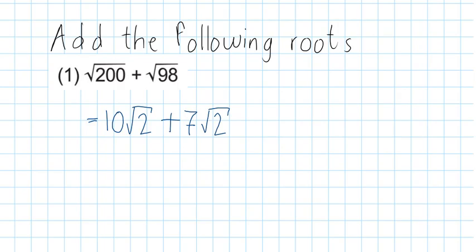As you see, now we have two addends where we can see a number multiplied by the square root of 2. That means that they are like roots, so we can add them.